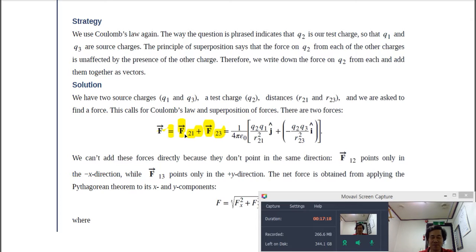And you remember this force is in the positive y direction, whereas F23 is in the negative x direction, and the magnitude is 1 over 4 pi epsilon 0 times Q2 times Q3 divided by R23 squared.